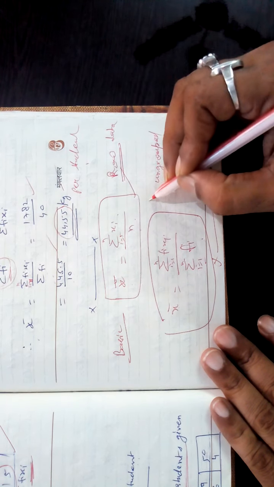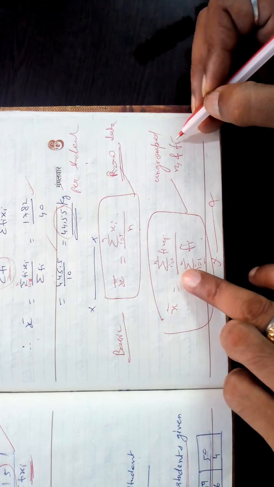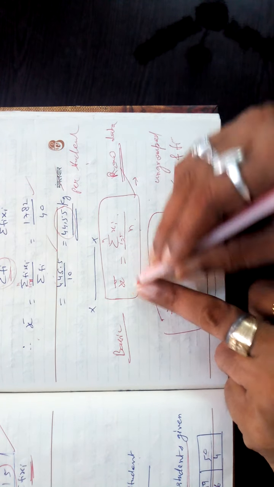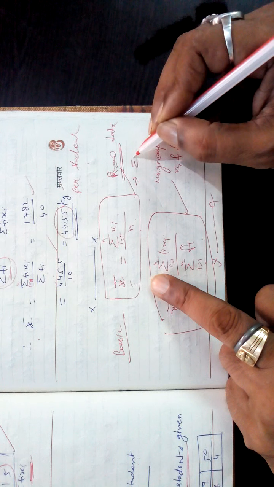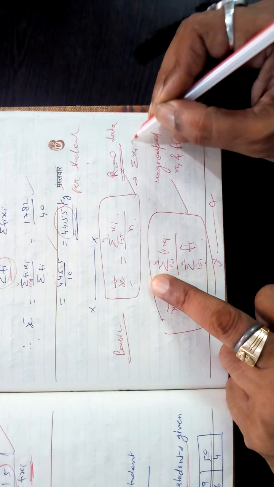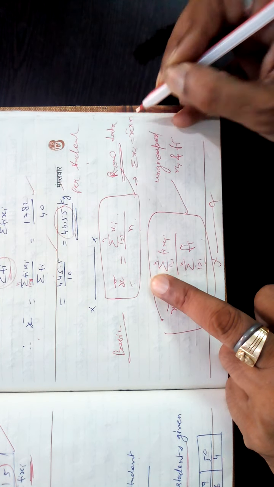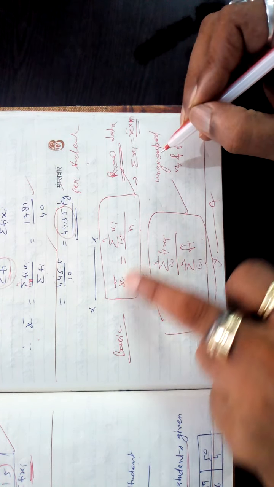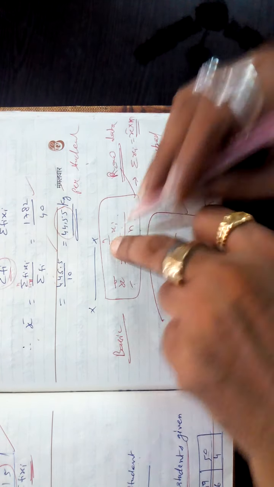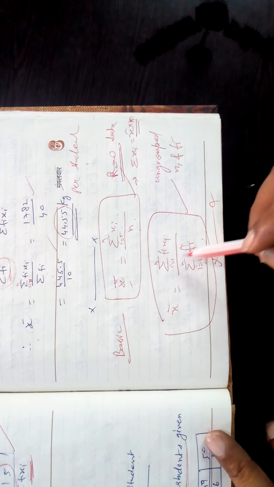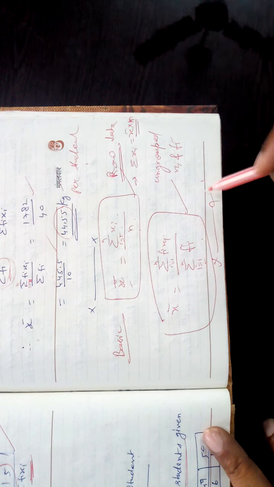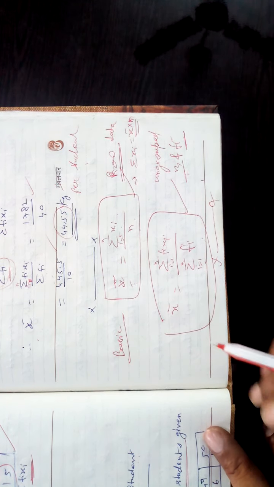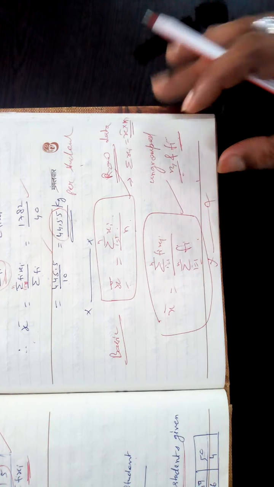The first formula is for raw data, where no frequency is given. By cross multiplying, sigma xi is equal to x bar into n: the number of observations multiplied by the mean gives the total of the observations. And sigma fi xi is the total of the products of xi and fi in an ungrouped frequency distribution table. So by this you can solve it.